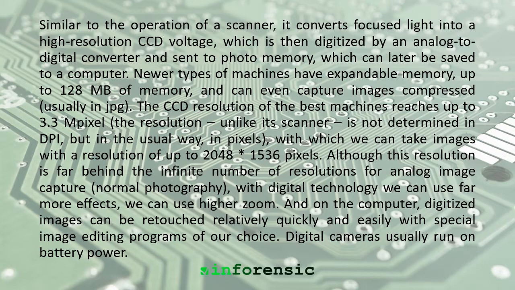Although this resolution is far behind the infinite number of resolutions for analog image capture, normal photography, with digital technology we can use far more effects, we can use higher zoom. And on the computer, digitized images can be retouched relatively quickly and easily with special image editing programs of our choice. Digital cameras usually run on battery power.